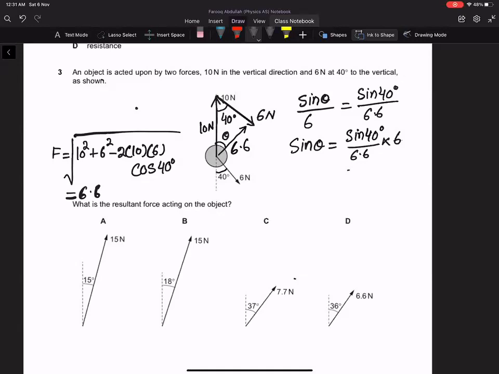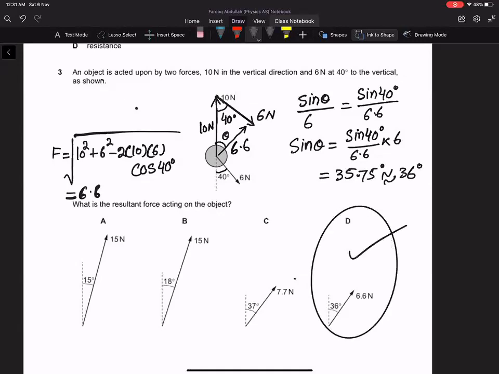This is 35.75, which is almost 36 degrees. So D is the answer, whether you are using resolution of vectors or the head to tail method.